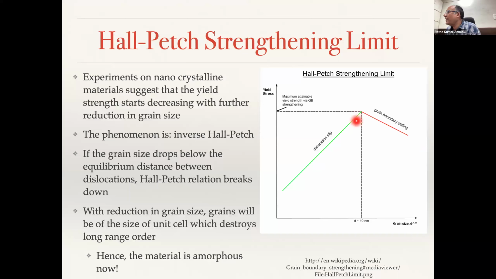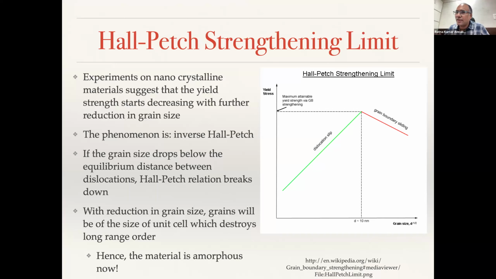And if it is less than 10 nanometers approximately, then what happens is the material dimensions are becoming closer to the atomic dimensions. That means you will not have a crystal locally. You are actually not having a long range order anymore, so you cannot really see that as a crystal.